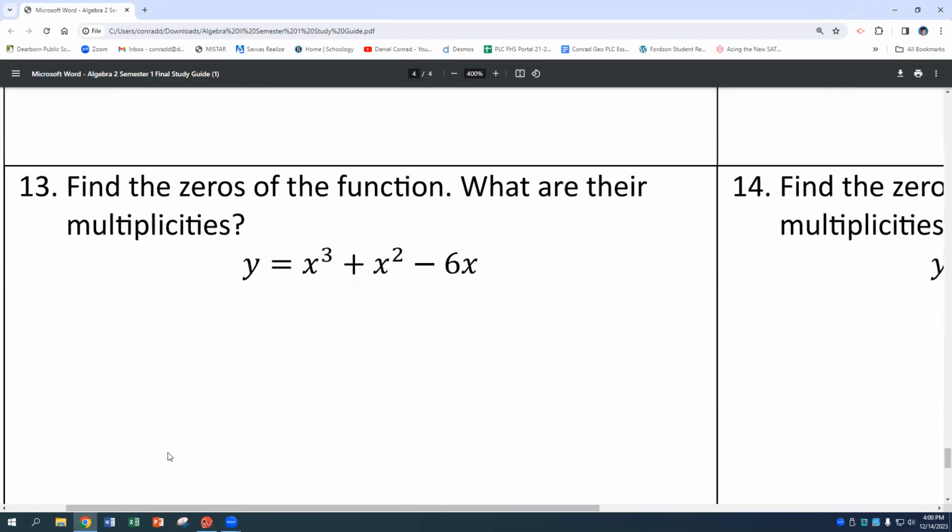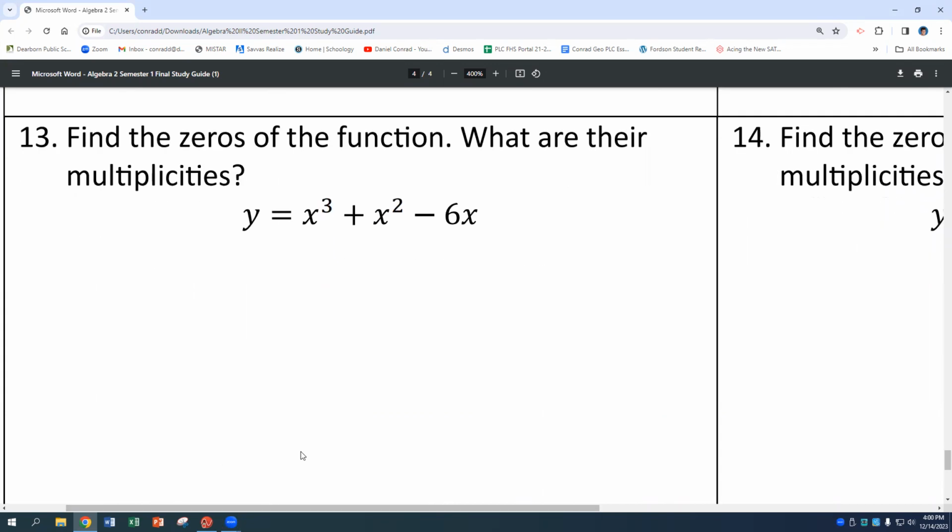13 and 14, find the zeros of the function and what are their multiplicities? So we need to factor here. So I'm going to do y equals, I'm going to factor out an x. So I'm left with x squared plus x minus 6. Okay, I can just use the x method here.